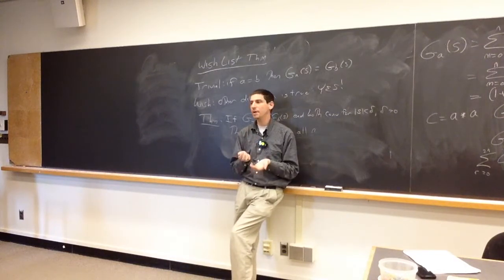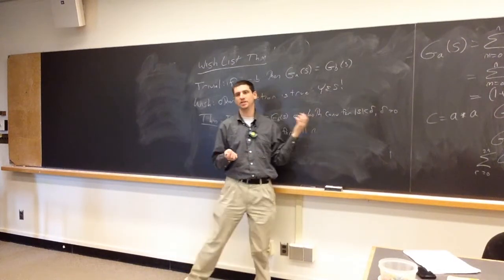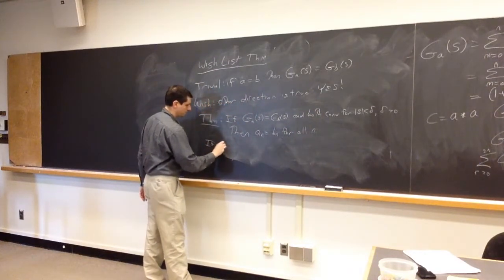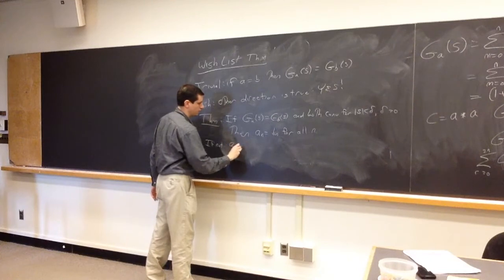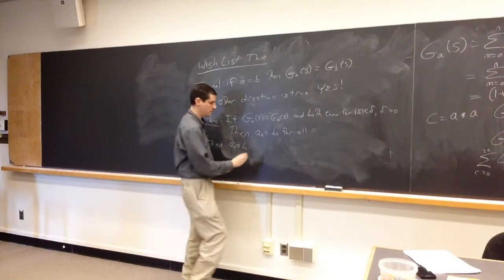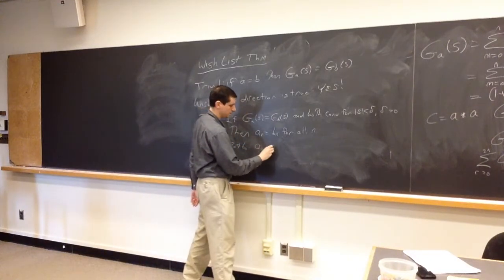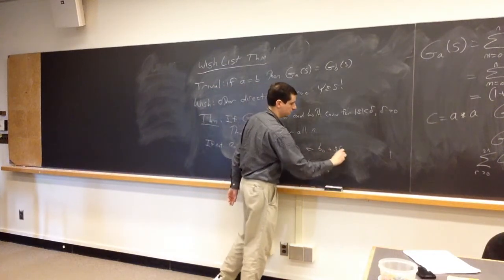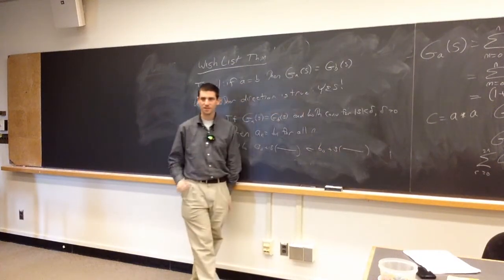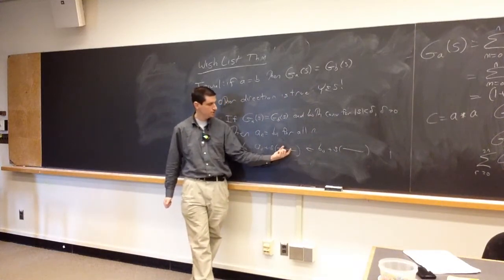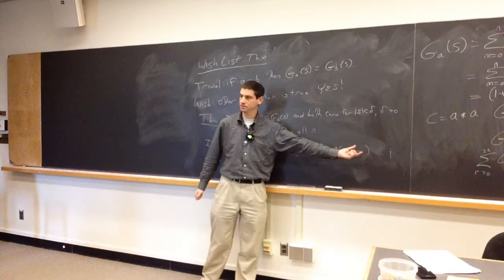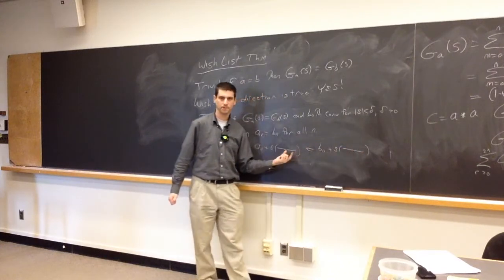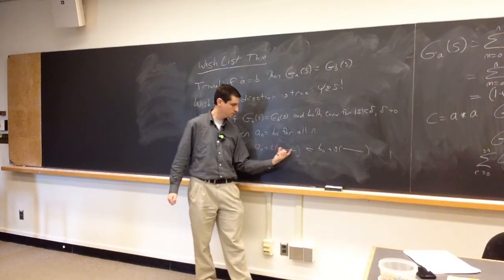I can divide by powers of S, so I can assume that they differ in the constant term. So if not, maybe A0 does not equal B0. And then we would have A0 plus S times blah equals B0 plus S times blah. If you choose S really, really small, these 2 things are going to be very close to what number? For small s, what will these things be close to?